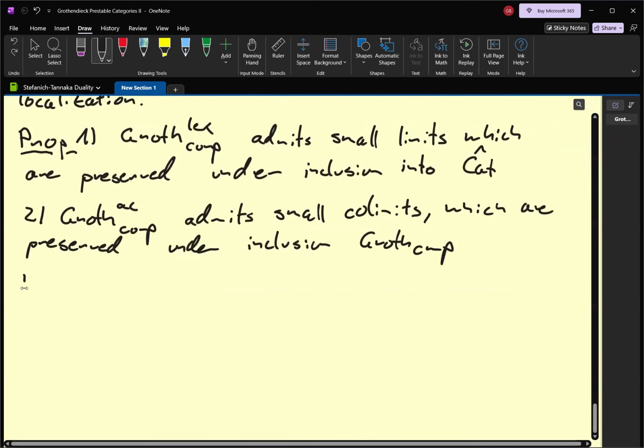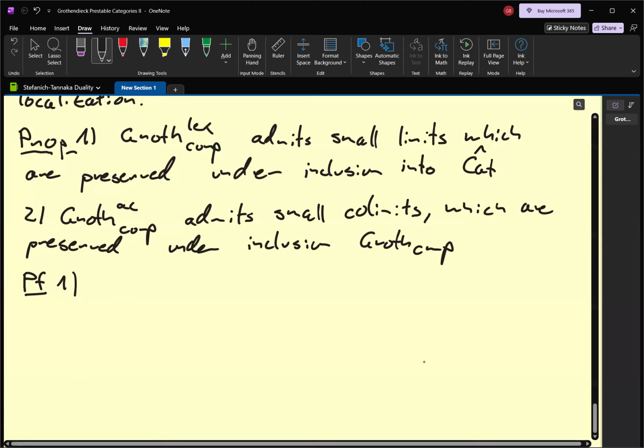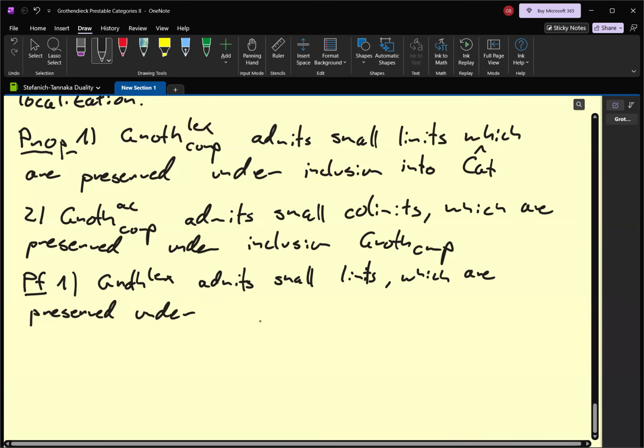So I think I only wanted to do the proof of one. We discussed last time that Groth lex admits small limits, and they are preserved under inclusion into Cat hat.